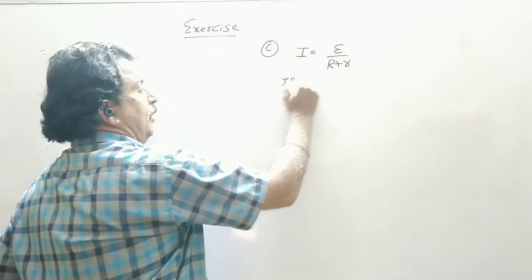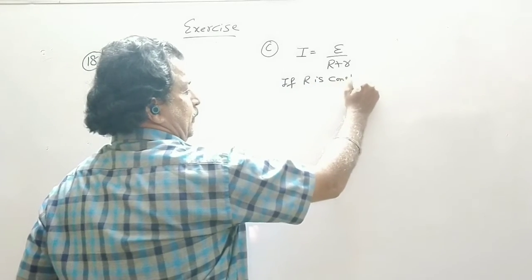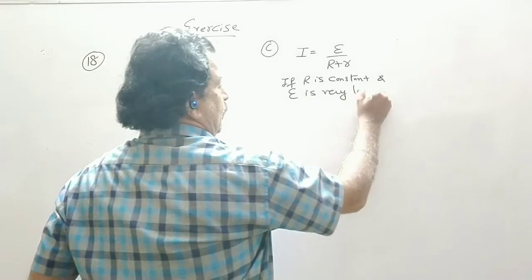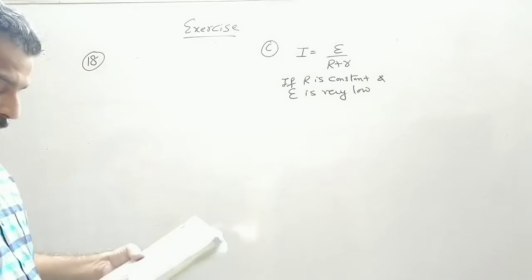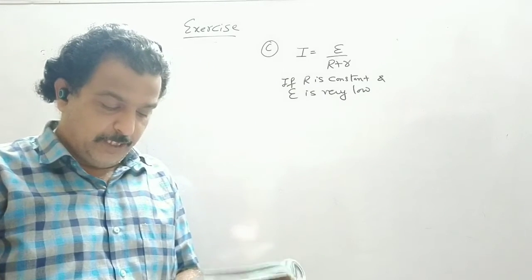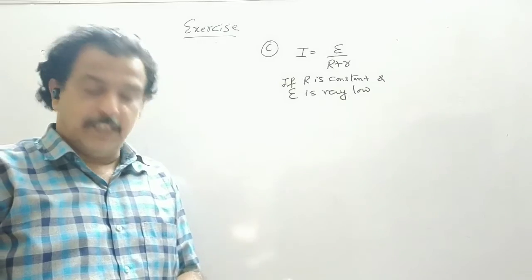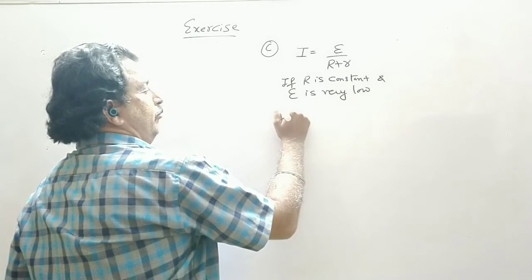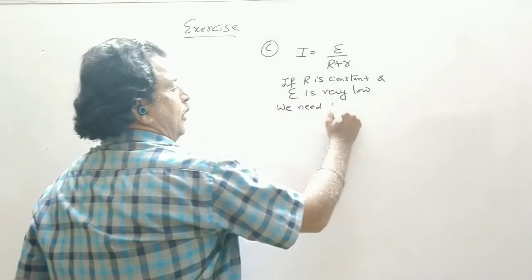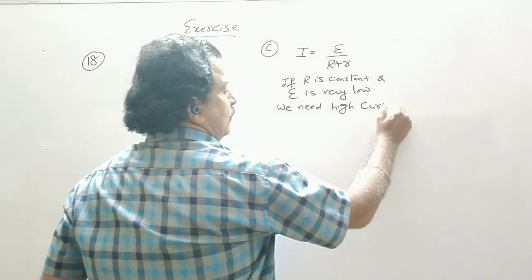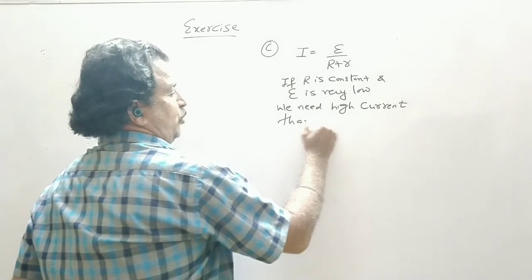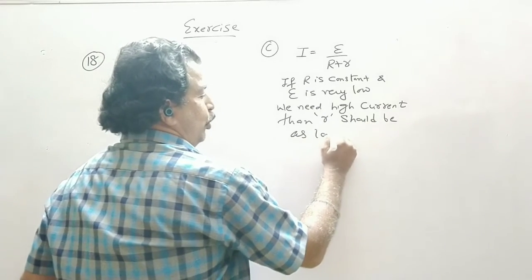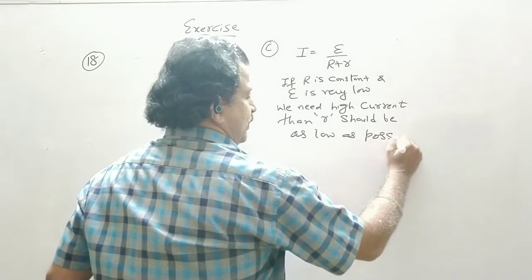Now, if capital R is constant and E is very low and I need large current, it is given that a low voltage supply from which one needs high current must have very low internal resistance. So if R is constant and E is very low, we need high current, then small r should be as low as possible.